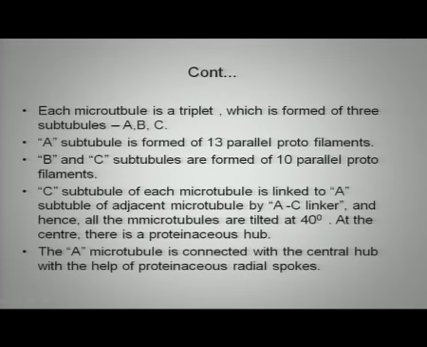At the center of the centriole there won't be any microtubule at all. It is made up of a proteinaceous hub. The A microtubule is connected with the central hub with the help of proteinaceous radial spokes.